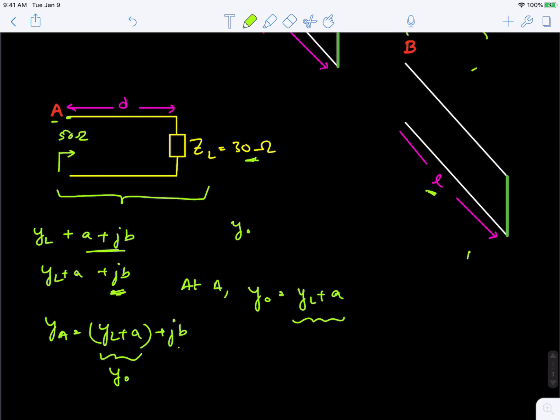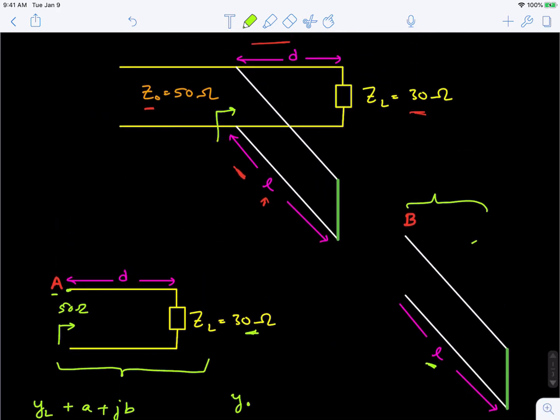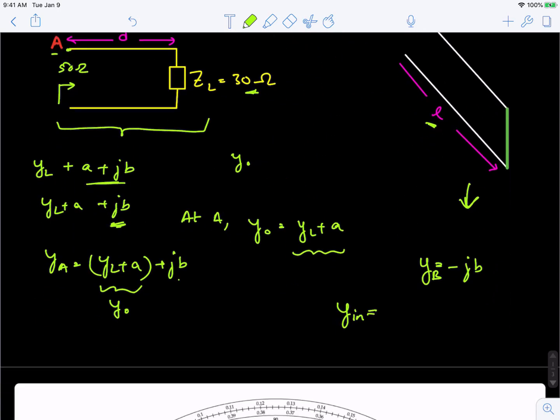Now then in comes the section B. If somehow we could make the admittance of this one equal to minus JB, let's say YB is equal to minus JB. Now YA and YB are at the same point, so they are connected in parallel. So looking at it from here, Y in would be equal to YA plus YB, that is YL plus A plus JB minus JB, that is equal to YL plus A, which is equal to Y0.